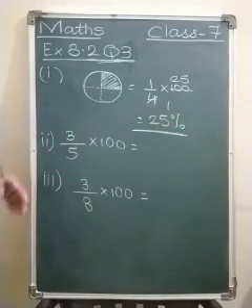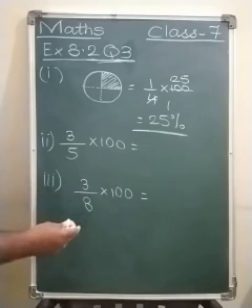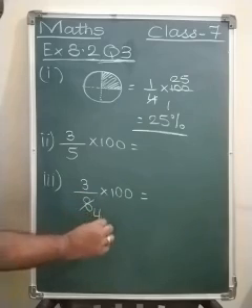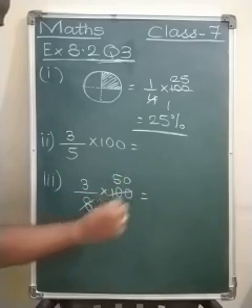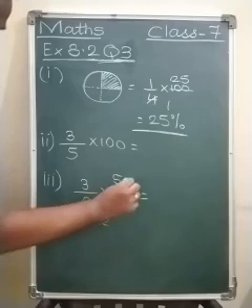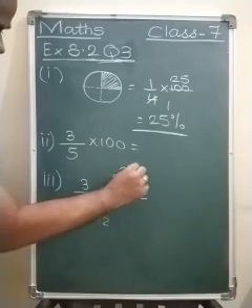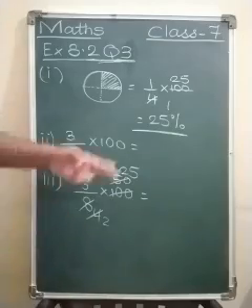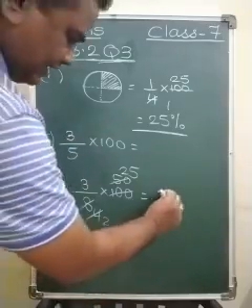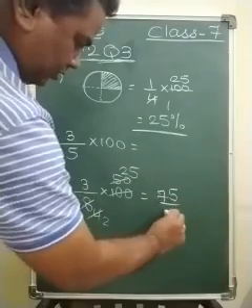For example, let us simplify this one. 3 upon 8 into 100. 2 4s are 8. 2 50s are 100, 2 2s are 4. 2 25s are 50. So this comes to 25 3s are 75 upon 2.